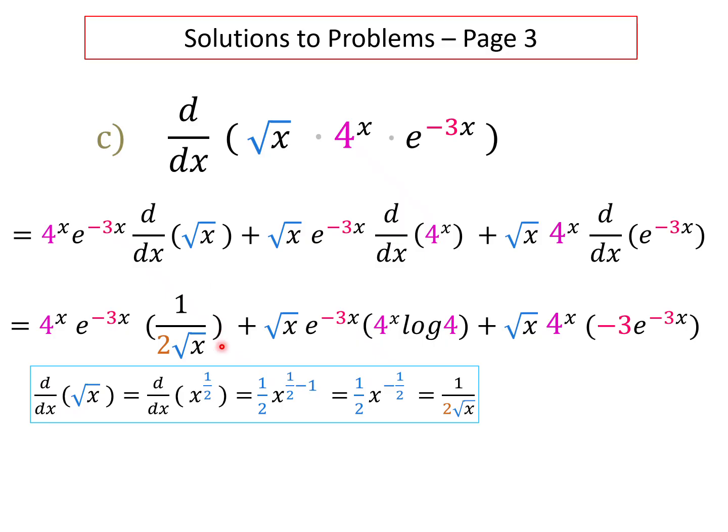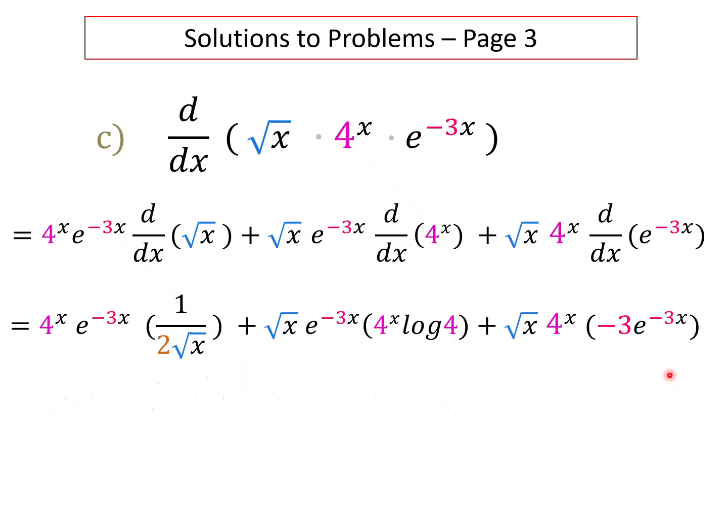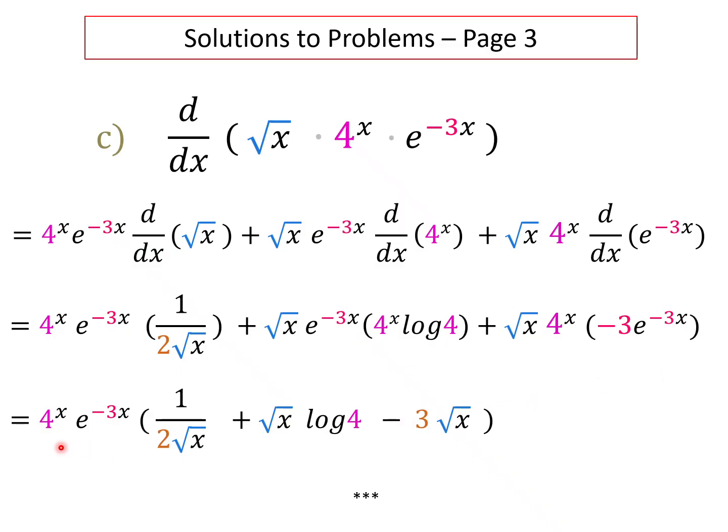In simple differentiation, we can show all these steps. Now we are taking common factors out, and this is the final answer.